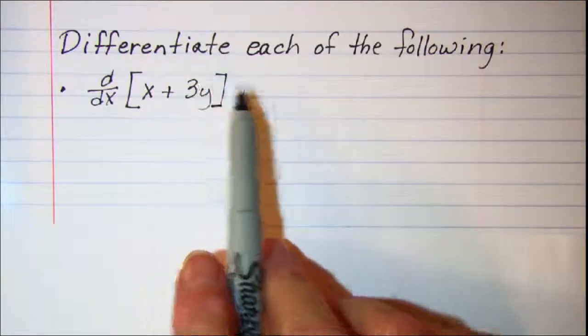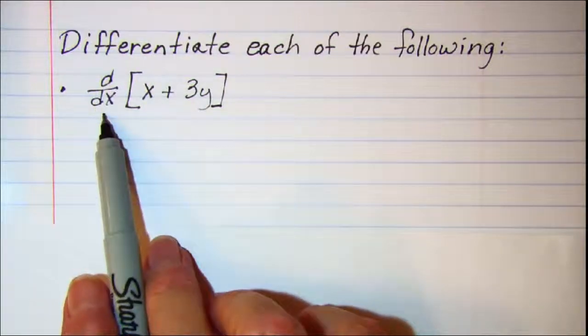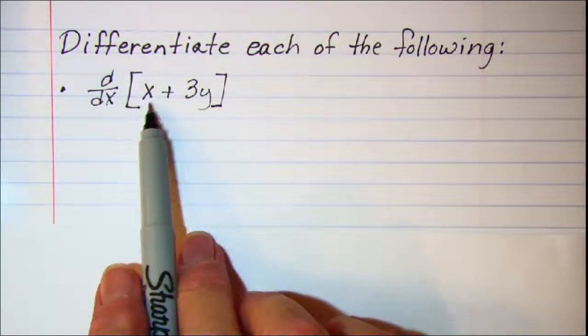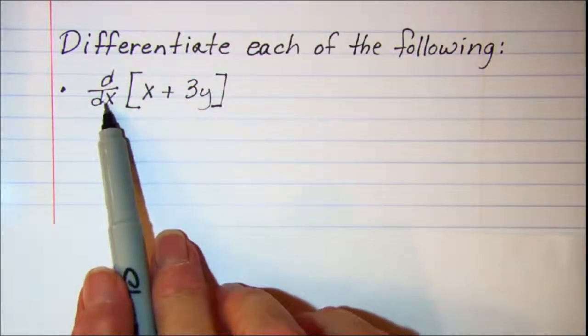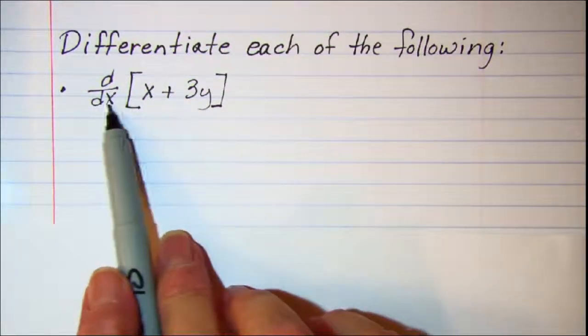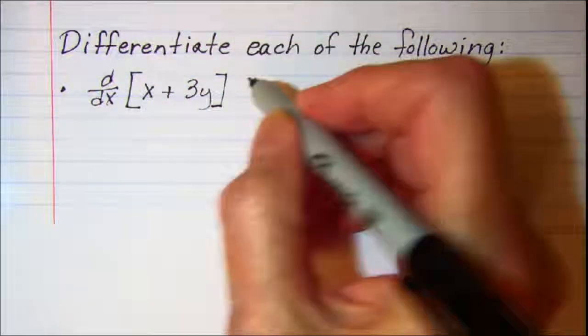So let's differentiate a few problems. We're asked to find the derivative with respect to x of x plus 3y. Now notice when we differentiate the first term, these variables agree, so the derivative of x is just 1.